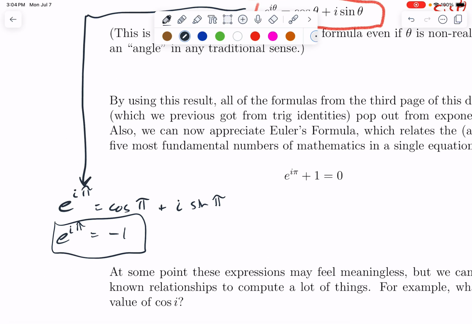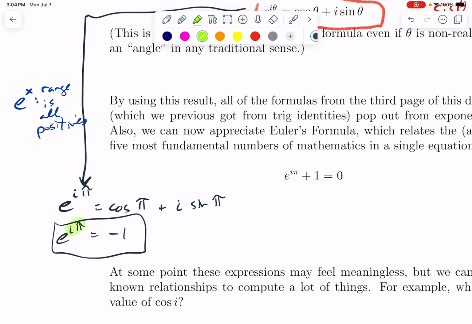Ordinarily, when we take e and raise it to a power, something you've learned before is that the range is all positive numbers. If we take a real number exponent for e, our answer will be a positive real number. Here, we're taking an imaginary power, and we're getting an answer that doesn't feel like the kind of answer we got before.